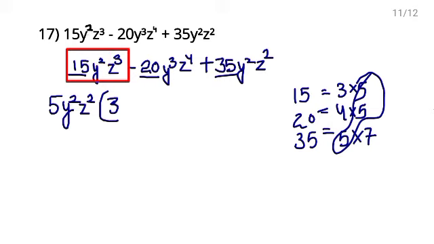Power 2 was there, power 2 we have taken common outside the bracket. So no power is left of y, right? So no need to write y. In z power was 3 and we have taken power 2 outside, so 3 minus 2 is 1. So what do we have now? 1, minus.